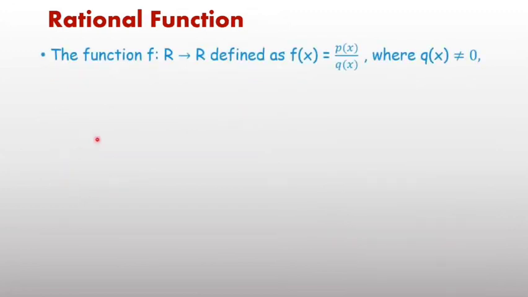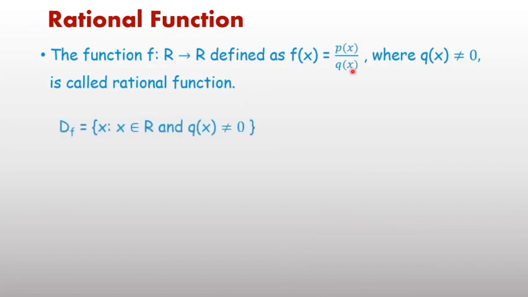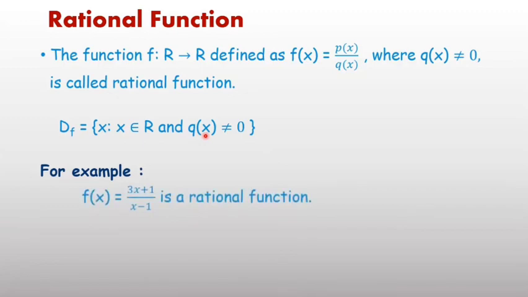Rational function. A function in the form of p(x) upon q(x) is known as rational function, where q(x) not equal to 0. Domain of this function: x belongs to all real numbers except the point at which denominator is 0.